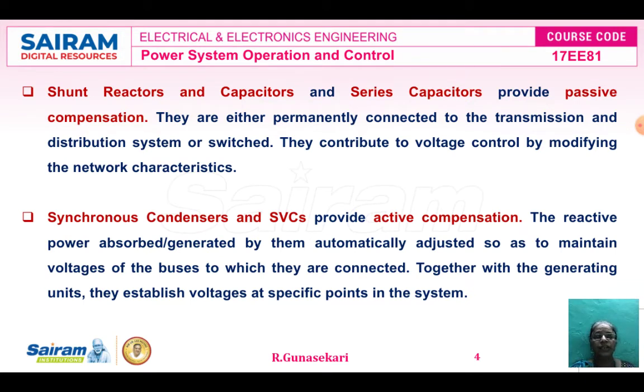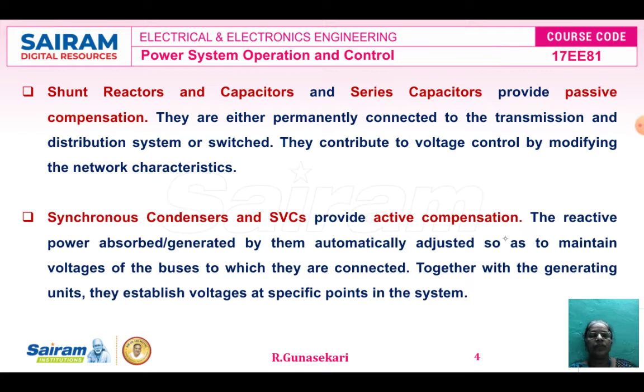We can use the synchronous condenser and the static volt ampere reactive compensator together with the generating units, and they establish voltages at specific points in the system. So these are the various methods employed for voltage control in the power system.